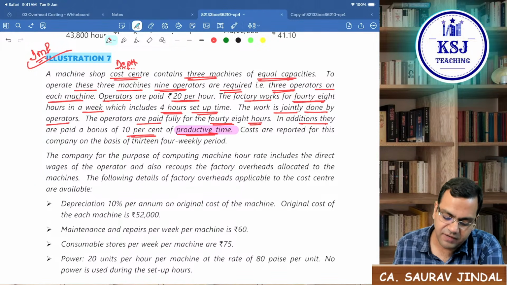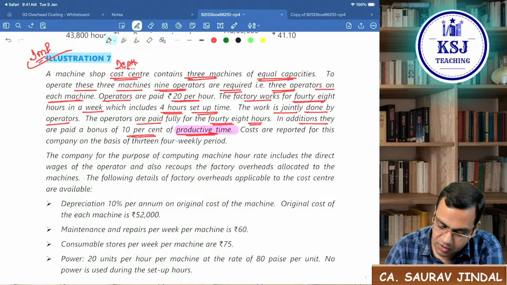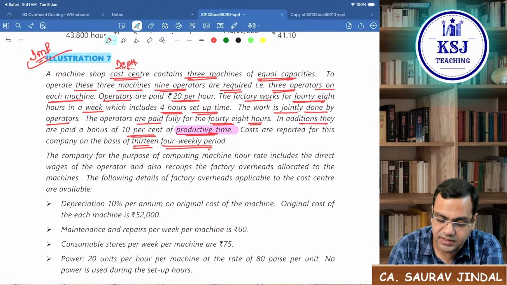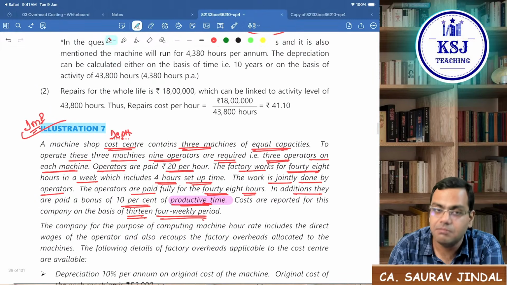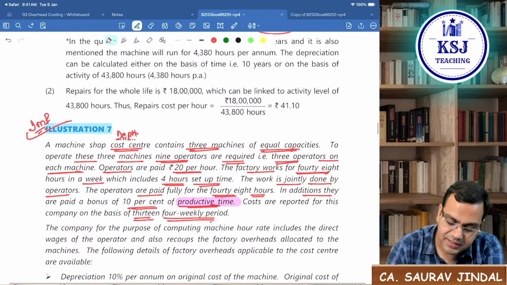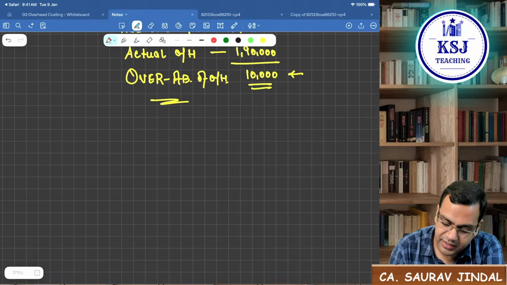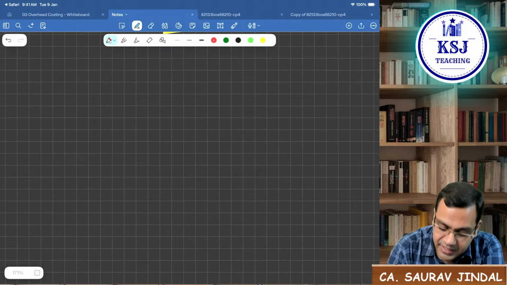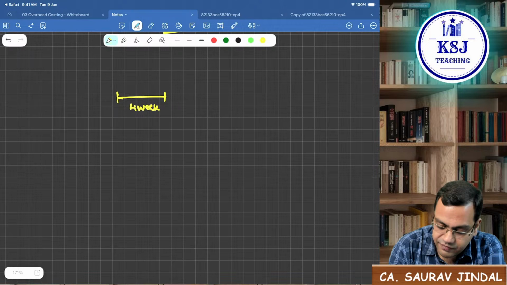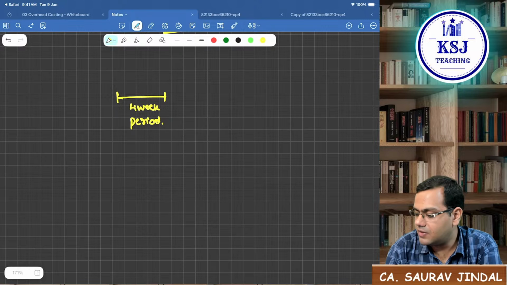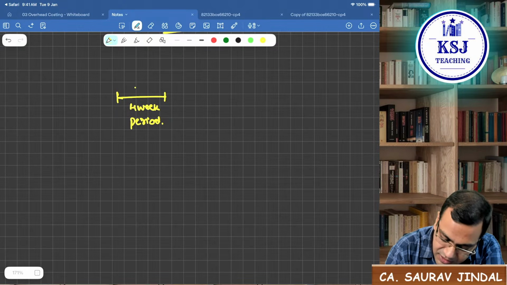Costs are reported for this company on the basis of 13 4-weekly periods. Now what this line means is that there are 13 4-weekly periods. This is 1 4-week period. That is 1 month basically we can say, right? So they are saying this is one period.